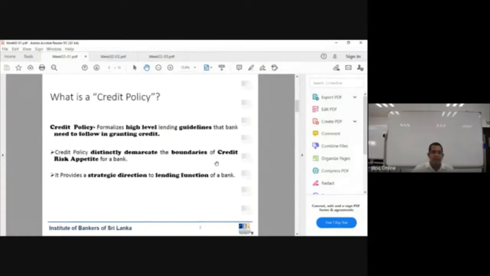What is a credit policy? Credit policy is a formalized high-level lending guideline that a bank needs to follow in granting credit.